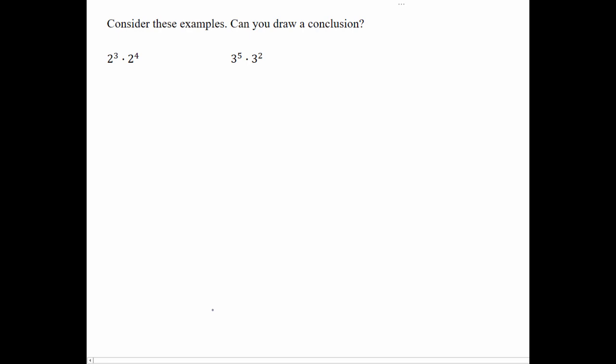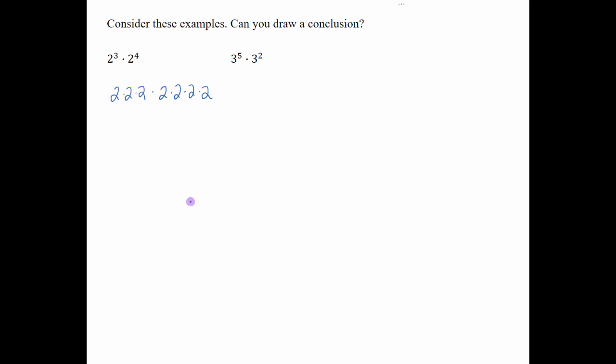Now consider these examples. Can you draw a conclusion from looking at these examples? Here I have 2 cubed times 2 to the 4th. So this is 2 times 2 times 2 times 2 times 2 times 2 times 2.